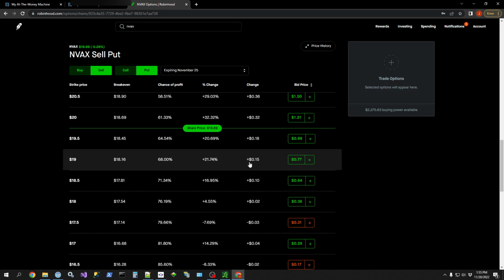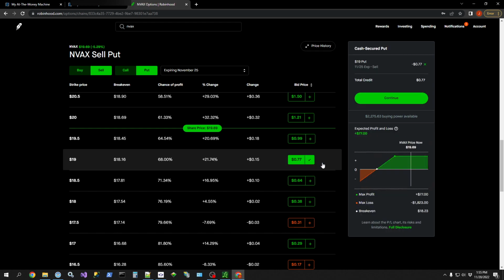And this is only 50 cents less for, like, what, 22-cent difference? I'm going to go with this one. If it goes down, it's going to hit it, because NVAX just moves a lot.